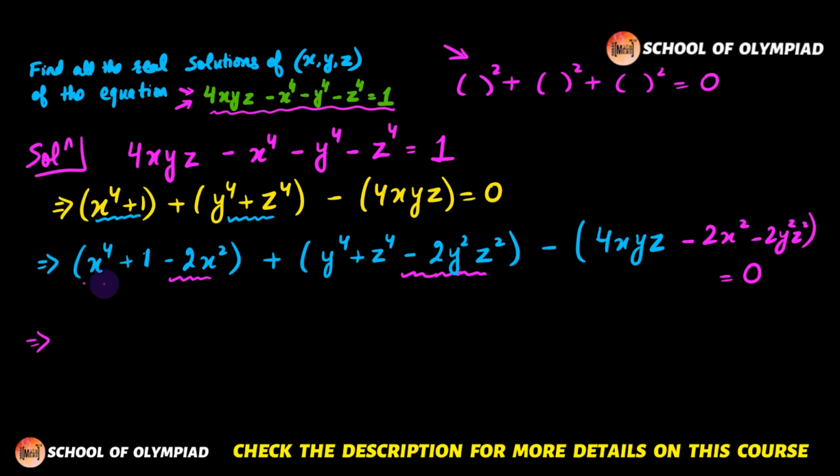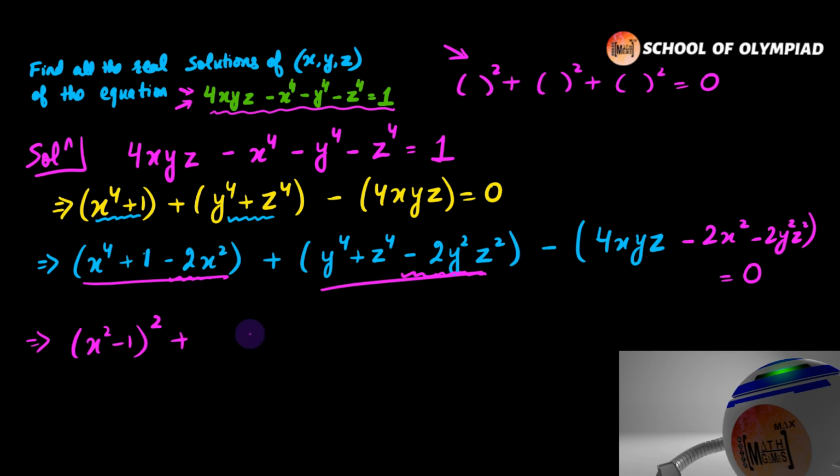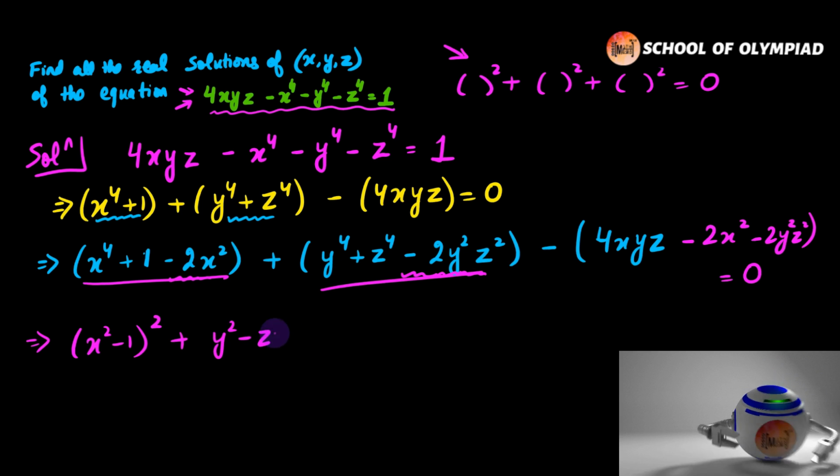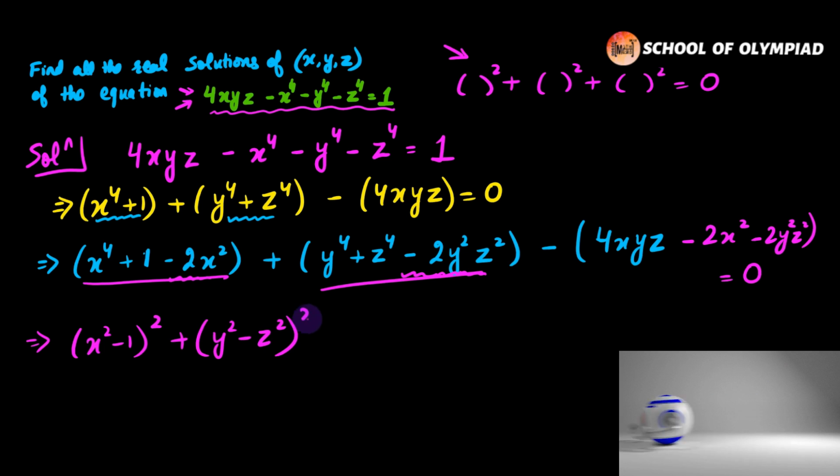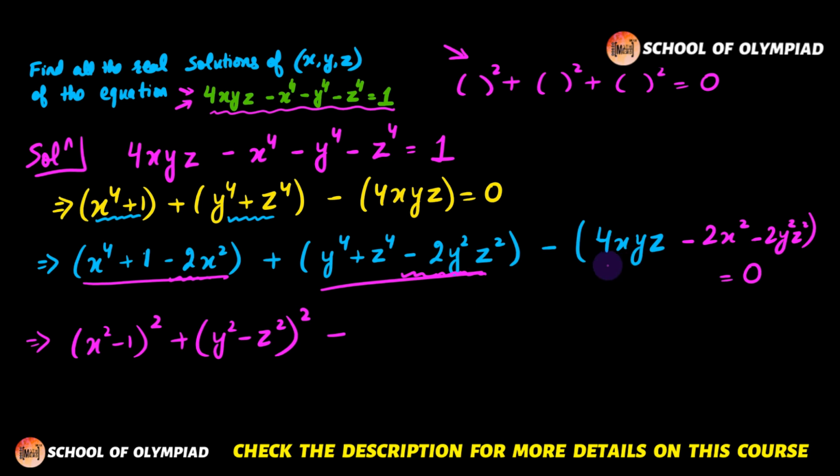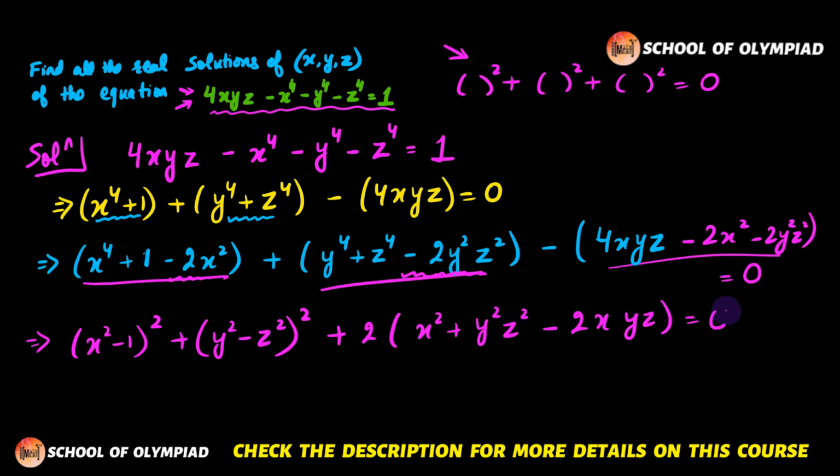Therefore this quantity will now become x square minus 1 whole square. This quantity will now become y square minus z square whole square, and then taking the 2 common from the remaining terms we get plus 2 into x square plus y square z square minus 2 into x into y into z is equal to 0.